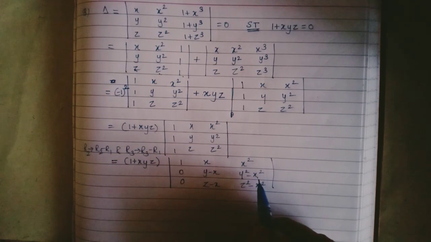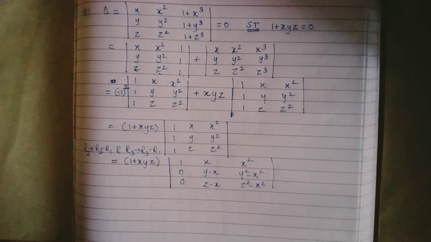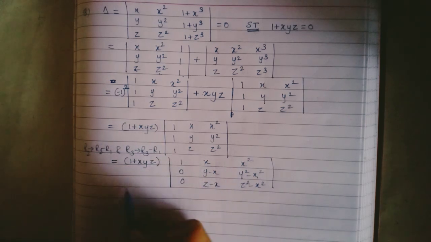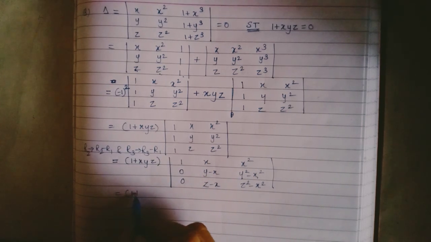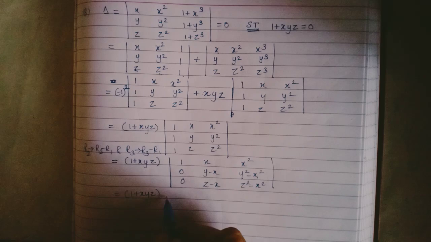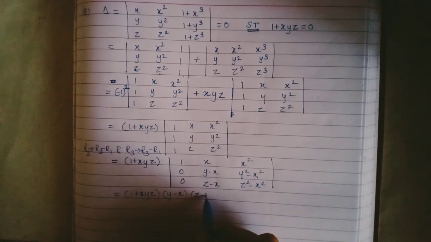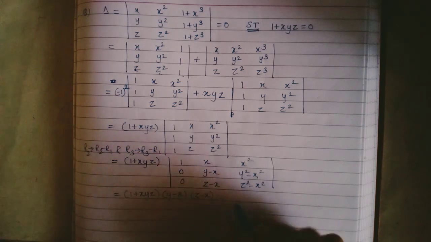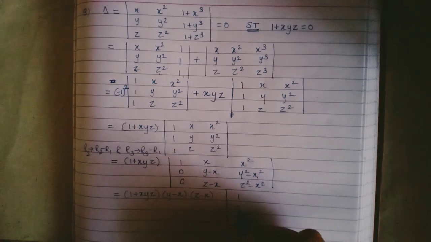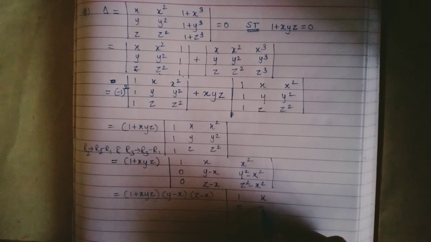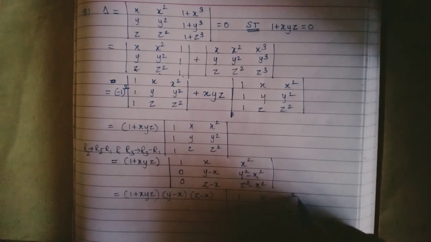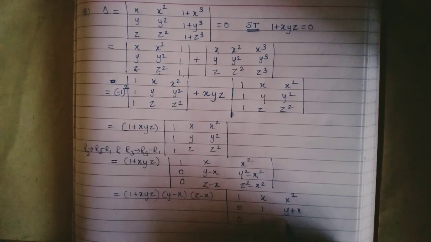now this y square minus x square, you can write it as y minus x, y plus x, correct? So you can take out y minus x common from R2 and z minus x common from R3. So it will be 1 1 and this will be plus.